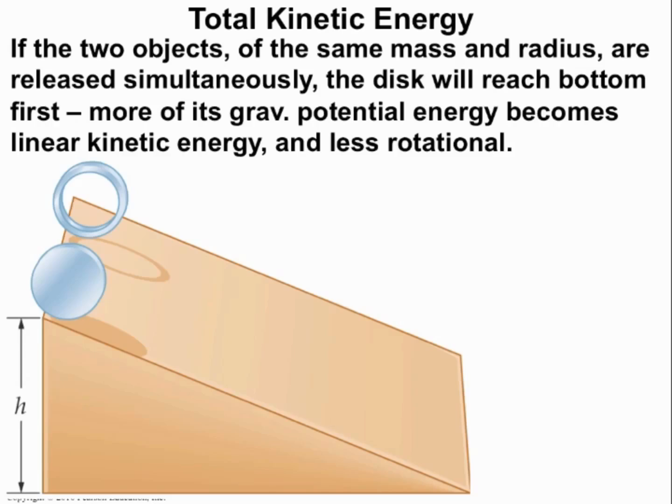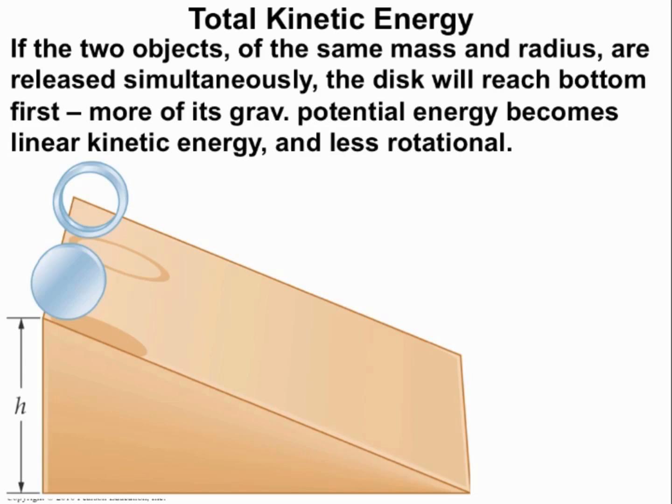All right, continuing with this idea of total kinetic energy. If the two objects below, of the same mass and radius, are released simultaneously, the disk will reach the bottom first. More of its gravitational potential energy becomes linear kinetic energy and less rotational. All right, this is kind of a neat thing. It's a consequence of the moment of inertia. Okay, we already talked a little bit about moments of inertia.